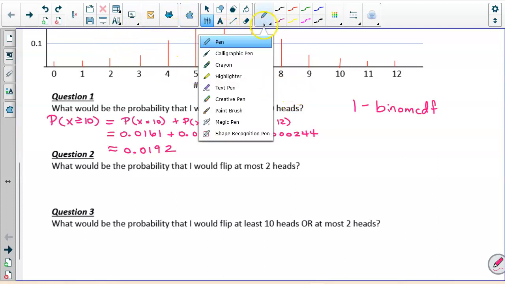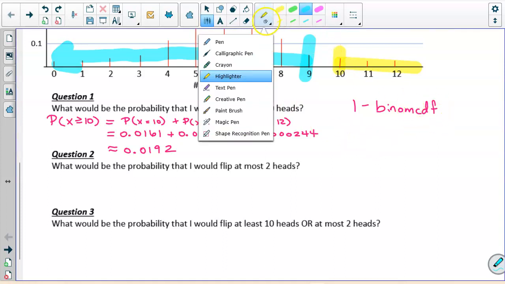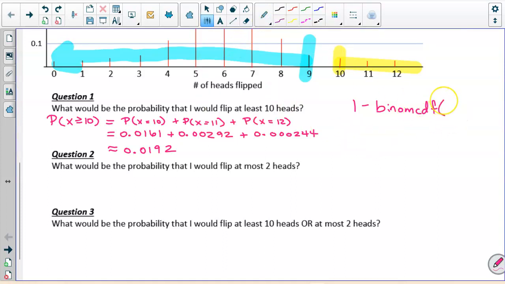If this is my graph, which is how I think it through, I want this plus all of these, right? So CDF includes it. So if I include it, it's only going to give me 11 and 12, right? So I actually need to do 9 down, right? So if I do the binomial CDF, number of trials would be 12, P is 0.5, and then I would be doing below 9, right, to subtract that out.